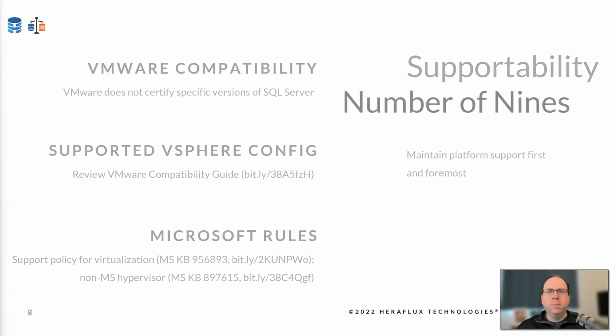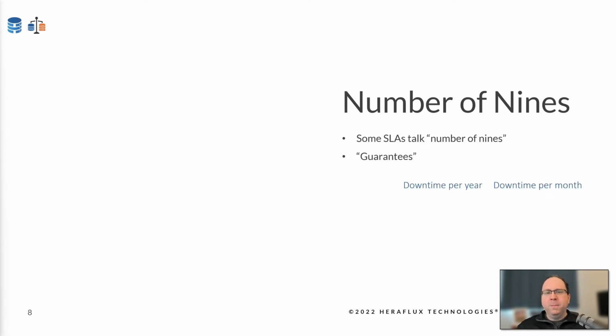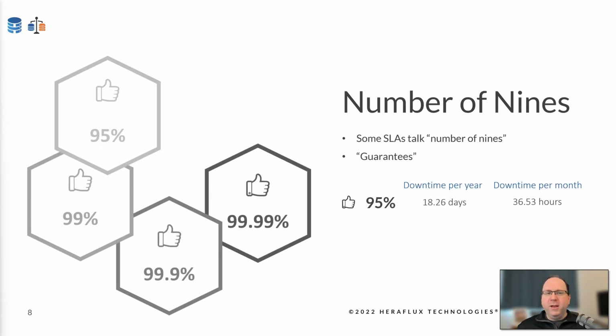Now, some organizations out there like to look at uptime related to number of nines. I am not a really big fan of the number of nines discussion because some people look at these as guarantees, and quite frankly, they're targets. They're not guarantees. So if we look at the amount of downtime per year, a 95% uptime at the end of a given calendar year means 18 days of downtime.